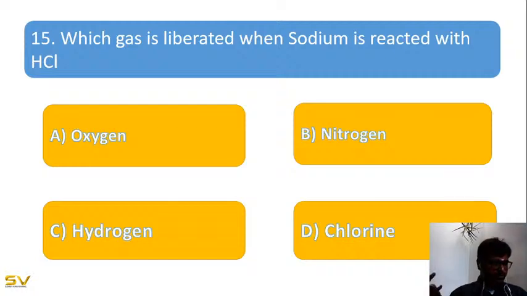Very good. Without giving the options, Sham has entered the answer. It's hydrogen. Let us see whether it is right or wrong. Raghava, hydrogen. I'm happy that more and more members are participating in this. No problem, you can type it. Don't worry, don't delete the message.